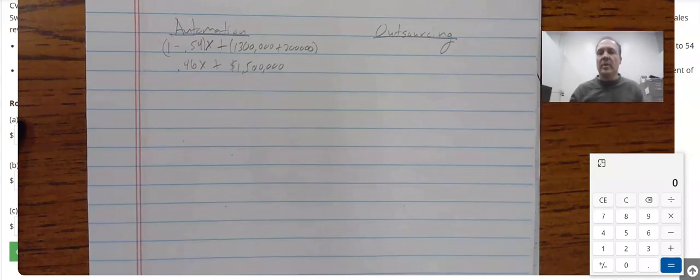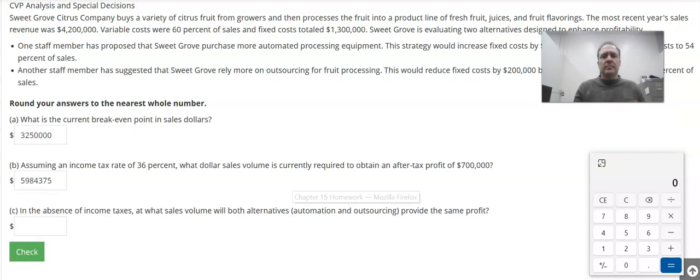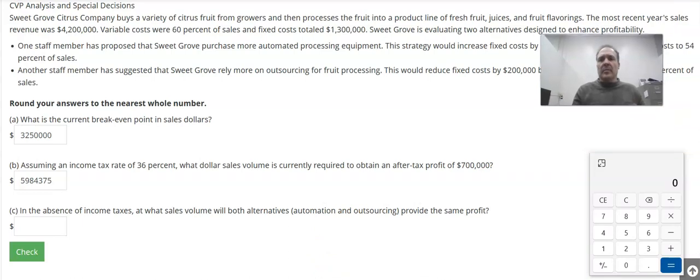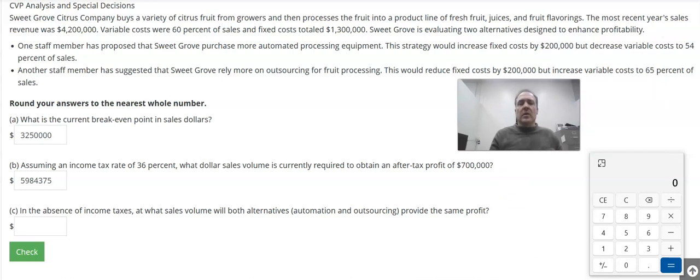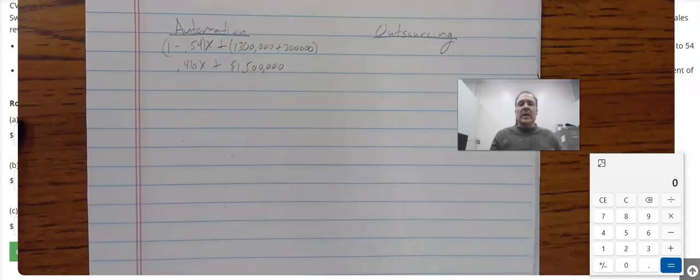Okay, so we've got that, and what I would probably do at this point is look at the outsourcing alternative. For that we're going to reduce fixed costs, but we're going to increase variable costs to 65% of sales. So we're going to do the exact same thing, just set up slightly differently. Let's take a look at what that might look like.